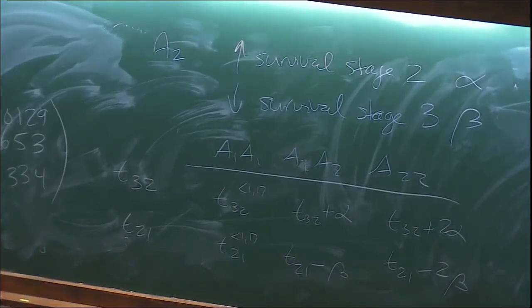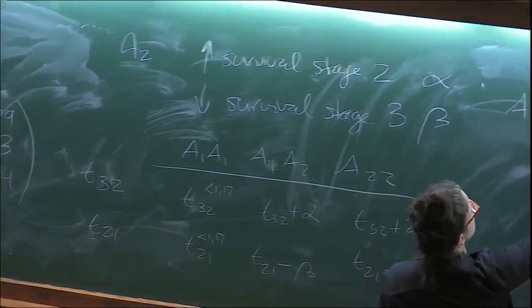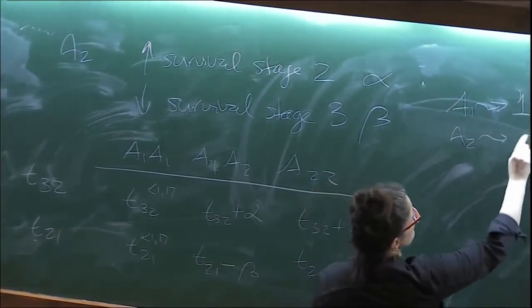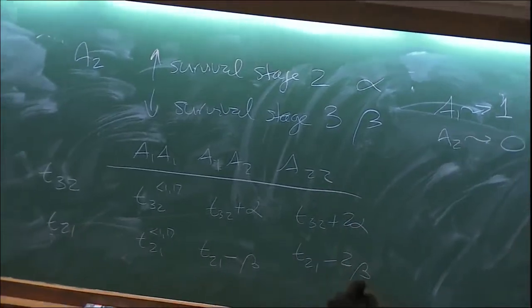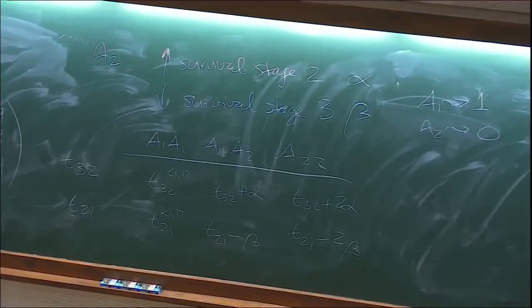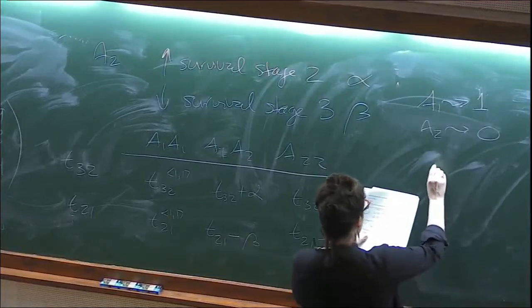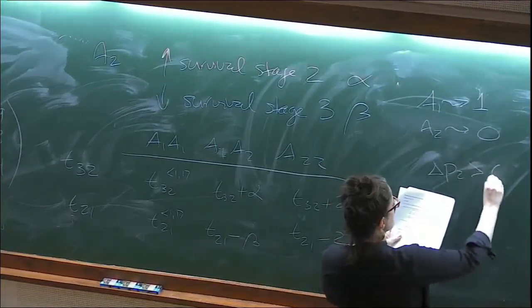So we could make things simple. We could make things complicated, we can make things simple. We could say, let's take the extreme case that A2 is very, very rare and A1 is approximately fixed. So we could say A1 is approximately 1 and A2 is approximately 0. And yes, I have erased everything important that I was supposed to not erase. You guys should have stopped me. This is the condition. We want delta P2 to be greater than 0.